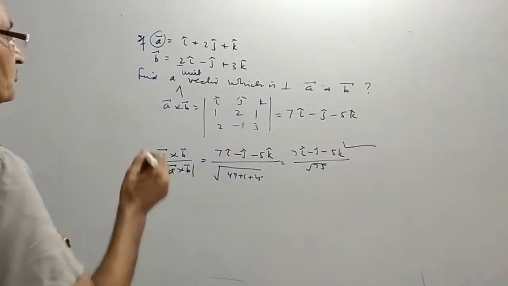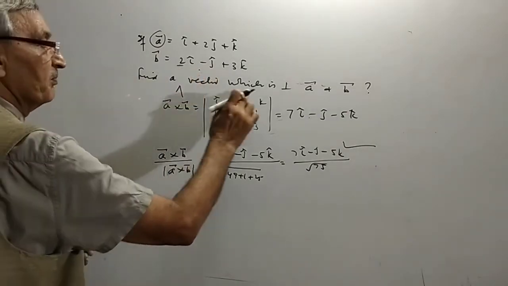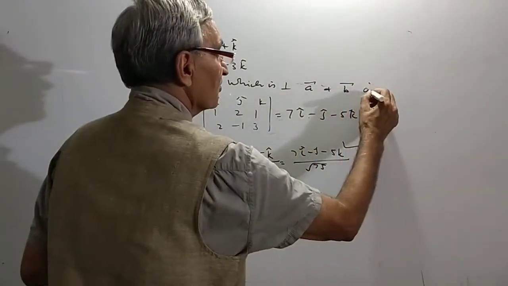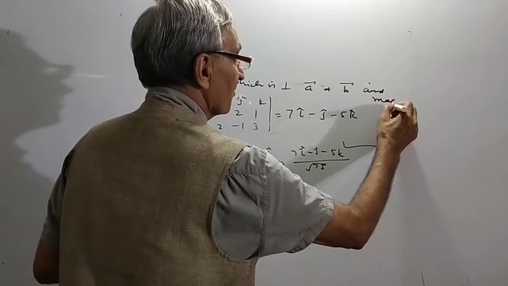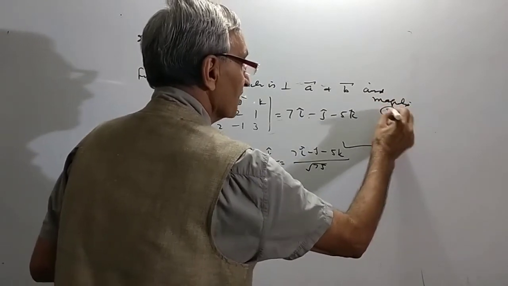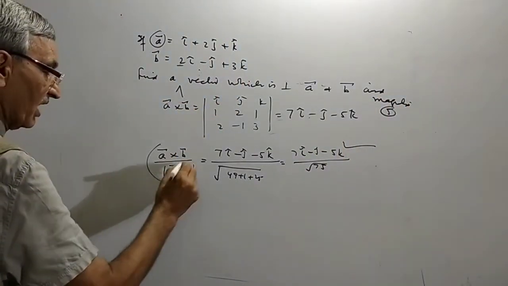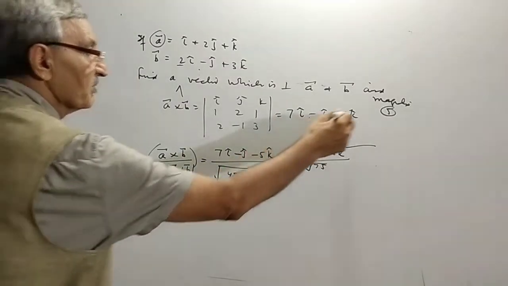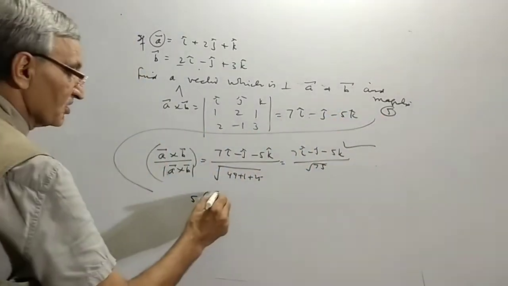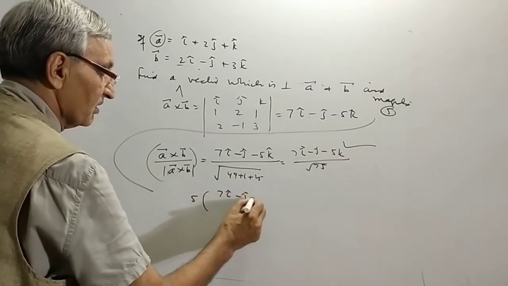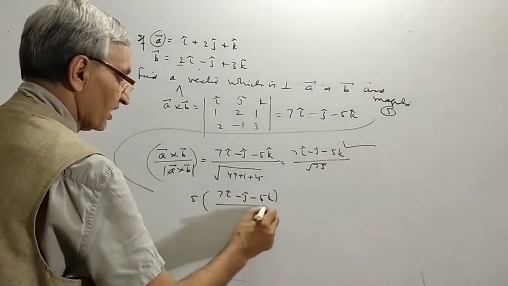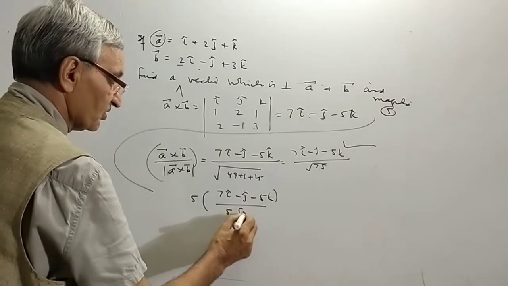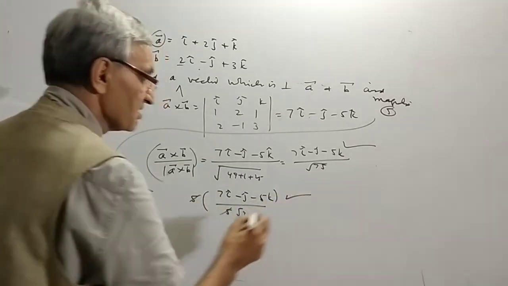Now suppose you want to find out a vector perpendicular to A and B whose magnitude is 5. I will find that unit vector, then I multiply with 5. So 5 into (7i minus j minus 5k) divided by 5 root 3. Cancel. This is my answer.